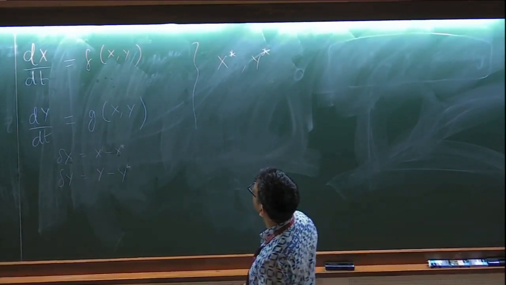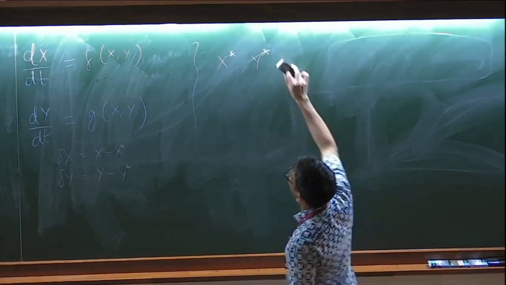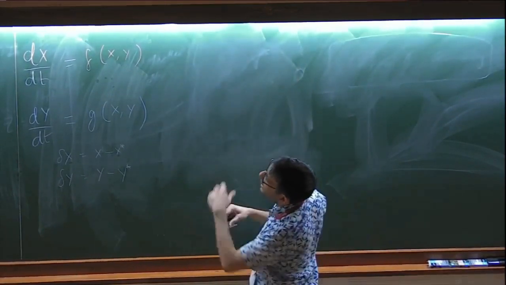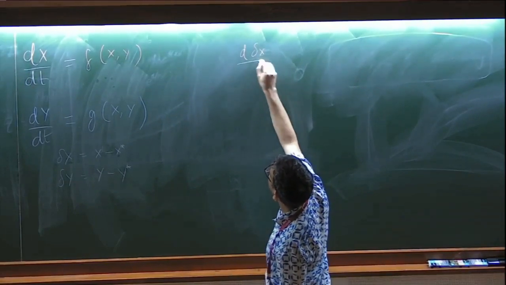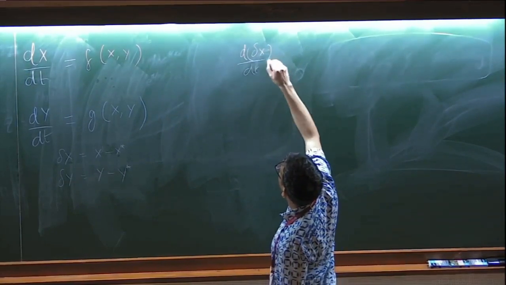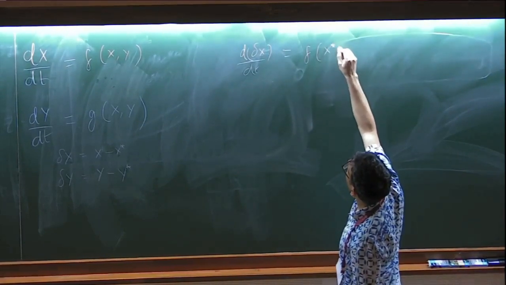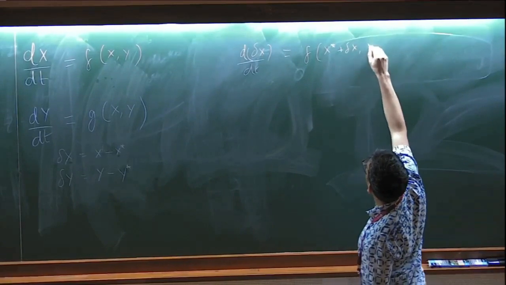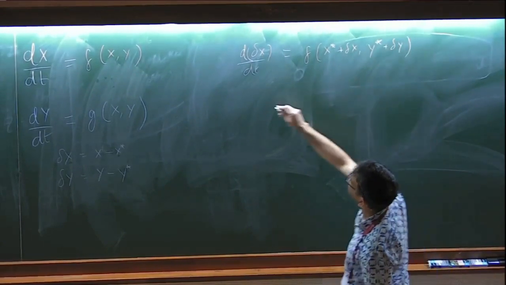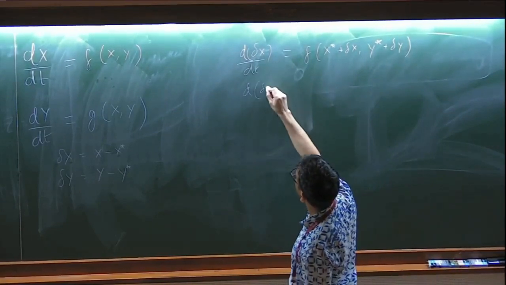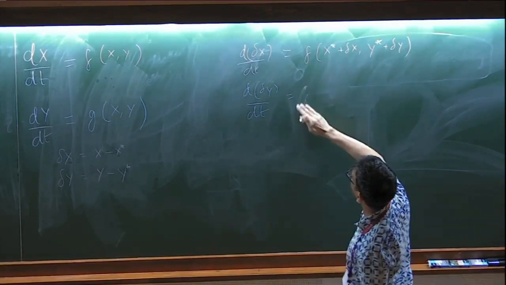In that case, what you can do is expand these equations. You can write down equations for delta x by dt. And this will be f of x star plus delta x, y star plus delta y, and similarly here. Sorry, this will be g.